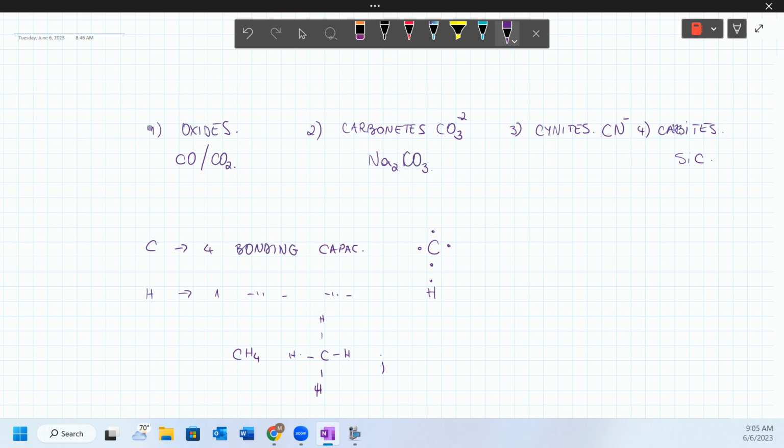Carbons are also able to bond together into double bonds. So two carbons are connected with a double bond, meaning that you have two more bonds left for each of the carbons. Or they may be bonded together into a triple bond.